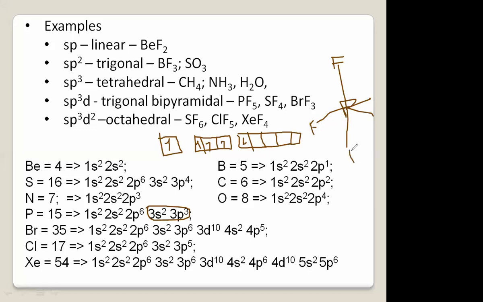Your fluorine is a terminal atom around it in that group. As was previously said, you have 90 degrees between this angle and this angle, and you will have 120 between that. So that explains sp3d.